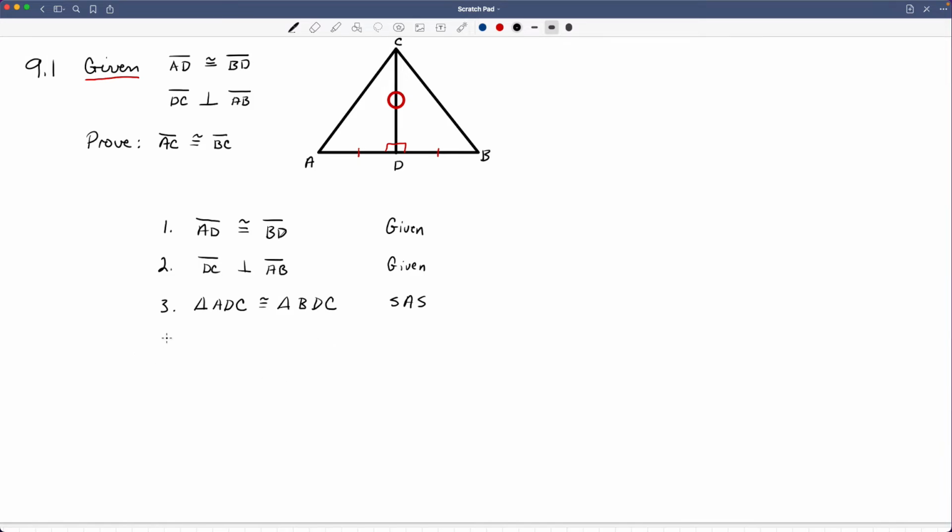So therefore, we can say, number 4, that AC is congruent to BC. And the reason we know AC is congruent to BC is because of the property that congruent parts of congruent triangles are congruent. And we shorten that to an acronym that we can write, and that is just CPCTC.